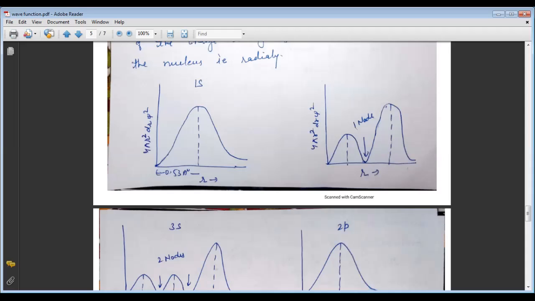However, the volume 4π r² dr is very small because r is very small near the nucleus, so the radial probability 4π r² dr ψ² is very small near the nucleus.